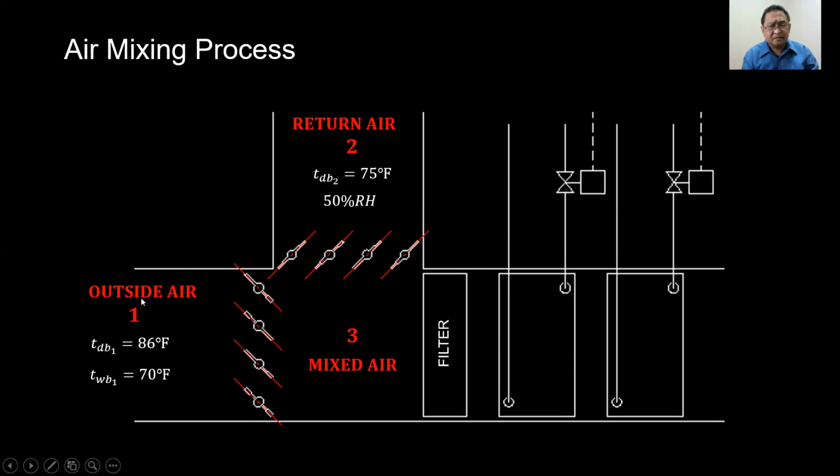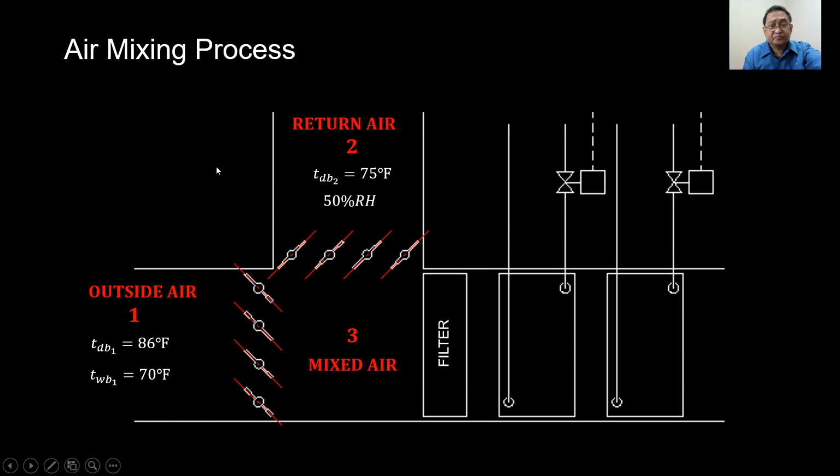You have outside air at point 1 with the following data: dry bulb temperature 86 Fahrenheit, wet bulb temperature 70 Fahrenheit, and the return air at point 2 at dry bulb temperature 75 Fahrenheit and 50% relative humidity is being mixed until point 3, which is the mixed air, before it goes into the filter, the cooling coil and the heating coil.